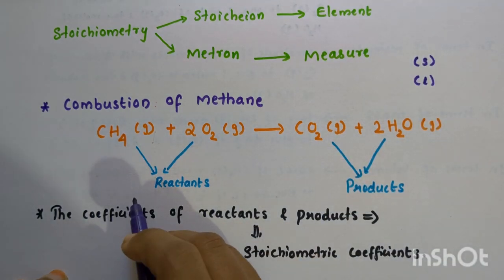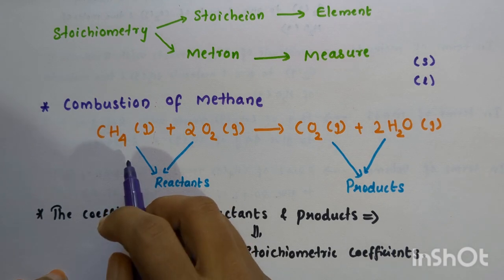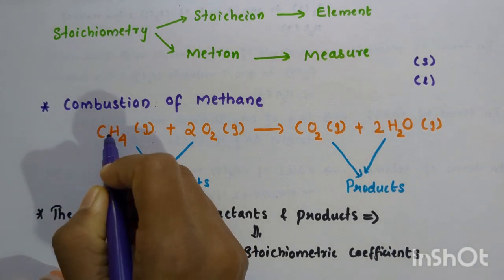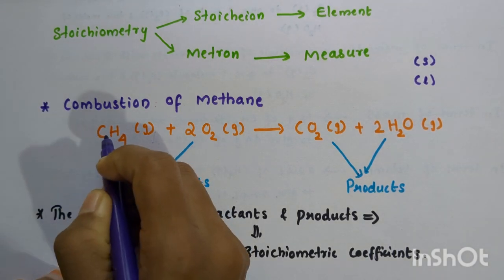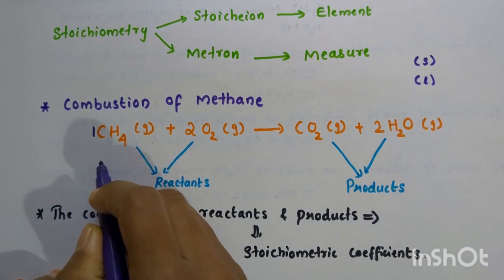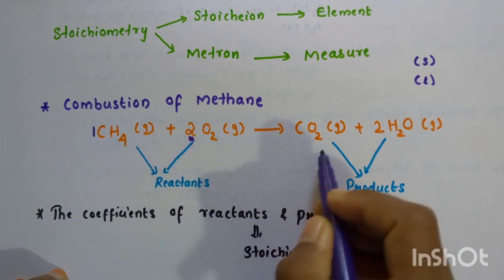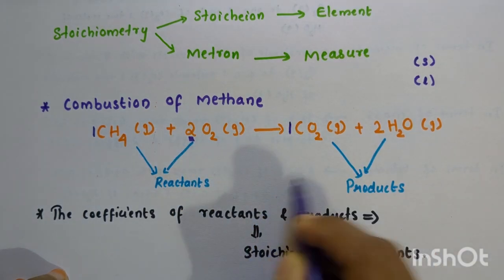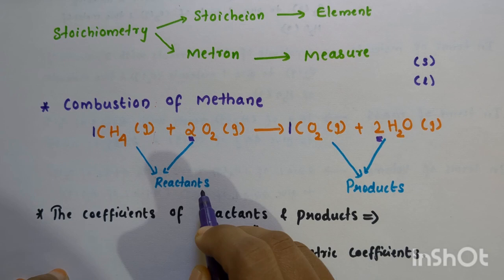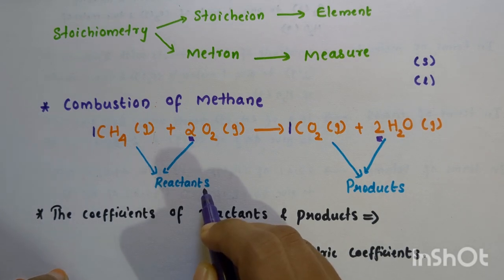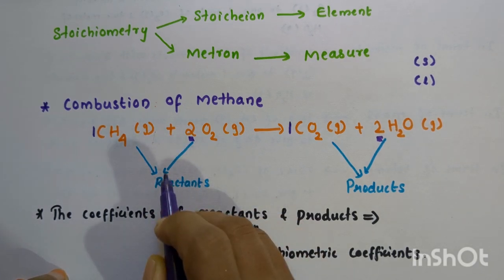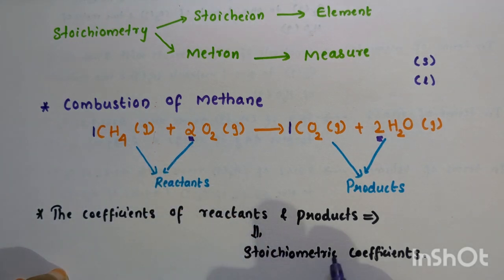Now, what are the coefficients of the reactants and products here? The coefficient of methane, CH4, is 1. The coefficient of oxygen is 2. The coefficient of carbon dioxide is 1. The coefficient of water vapor is 2. These coefficients are called stoichiometric coefficients. The coefficients of reactants and products are called stoichiometric coefficients.